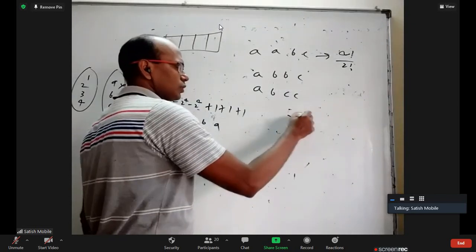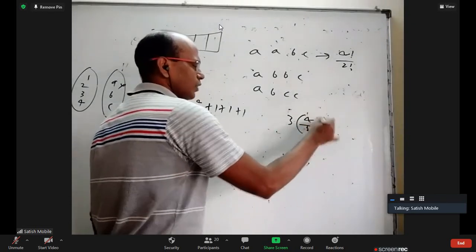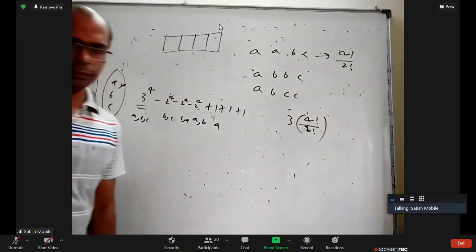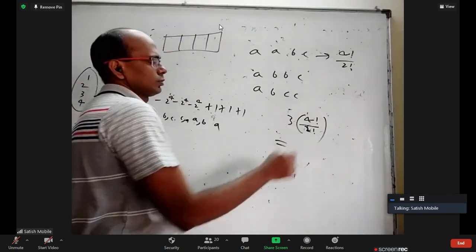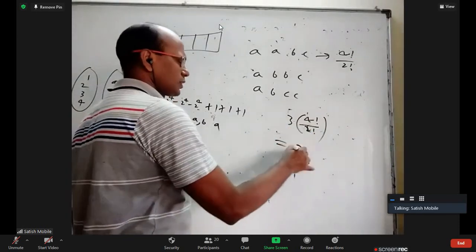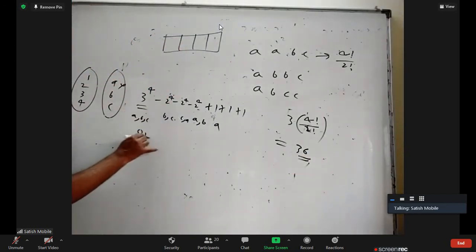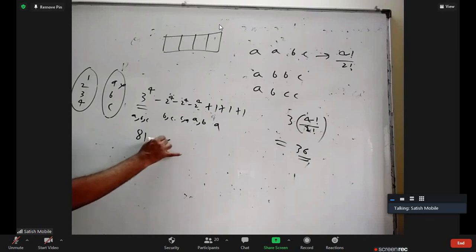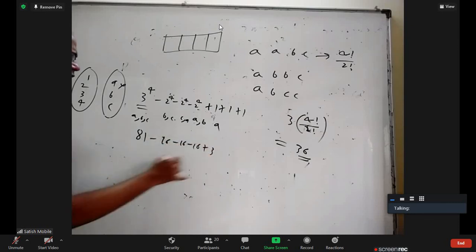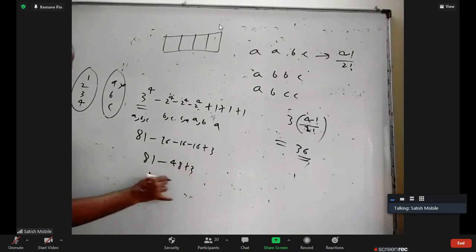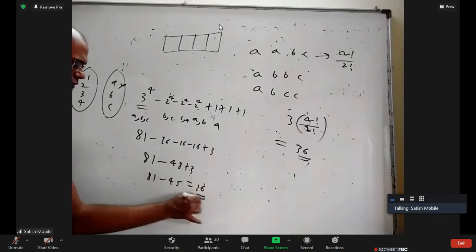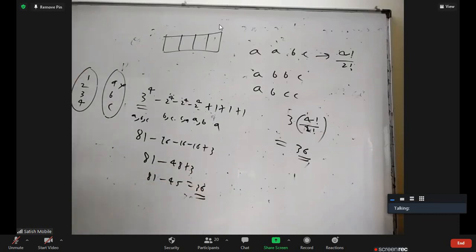So 3 times 4 factorial by 2 factorial, whatever it is, 36 will come. I'm sure here also you'll get 81 minus 16, 16, 16 plus 3. 81 minus 48 plus 3, 81 minus 45, which is 36.